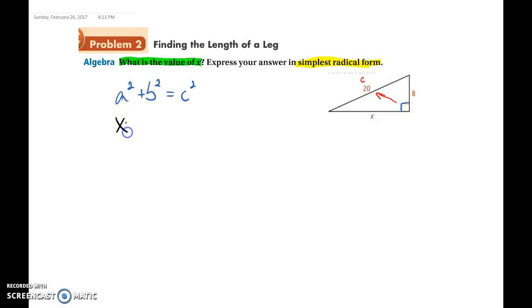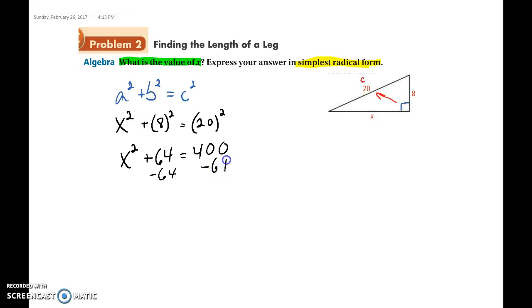So we'll have x squared plus 8 squared is equal to 20 squared. So x squared plus 64 is equal to 400. Subtract 64 from both sides. So then x squared is equal to 336. Take the square root of each side.